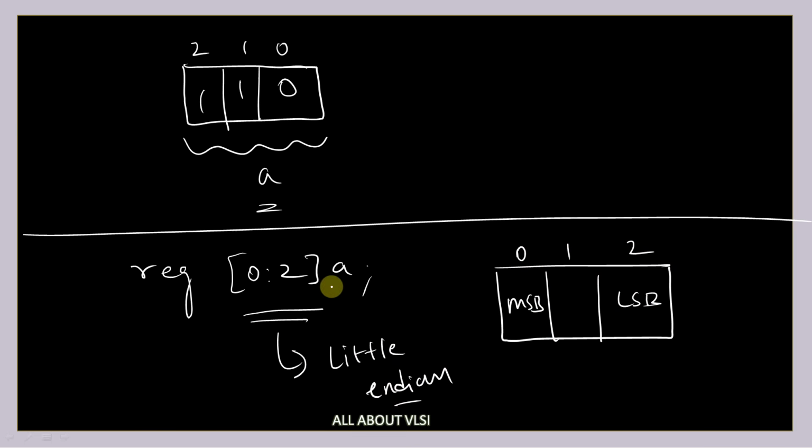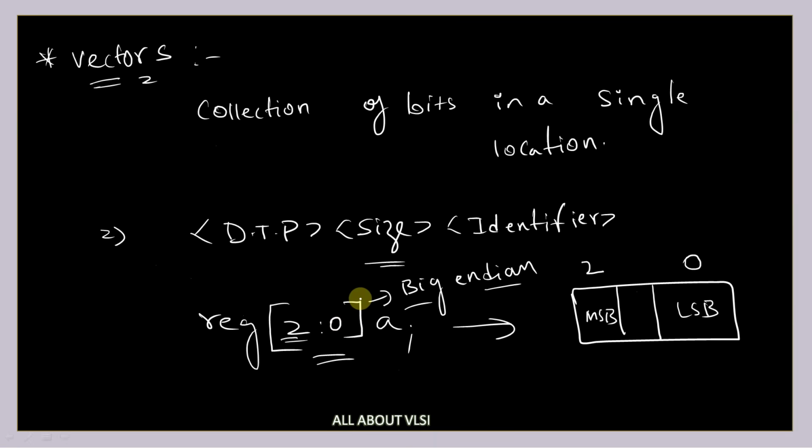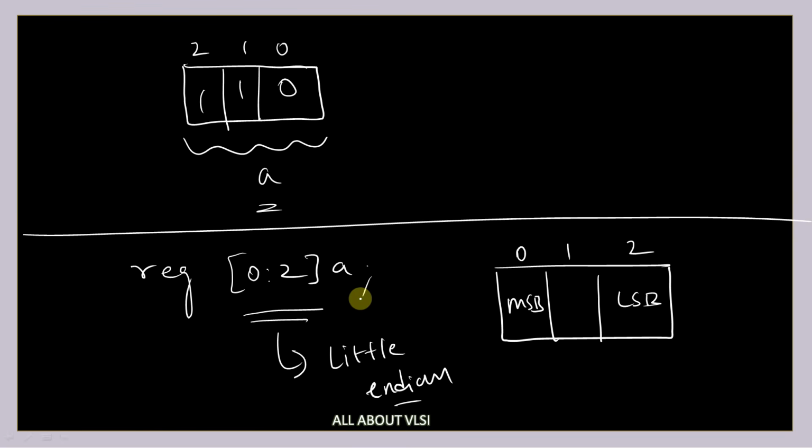This is known as our little endian and big endian. And there will be no change in your values. We are just changing the indexes. It is not going to affect the values which are being stored inside your variable a.